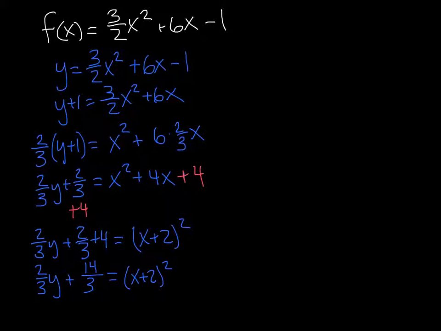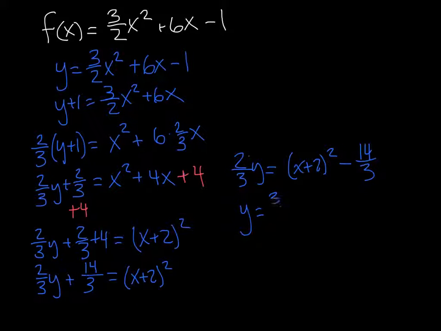Now I need to solve for y to get it into vertex form. So I'm going to subtract 14/3 from both sides, and that's going to give me 2/3 y is x plus 2 squared minus 14 over 3. Now, to get rid of this last piece, remember I'm solving for y, I need to multiply by 3/2. So let's multiply both sides by 3/2. That's going to leave me y.